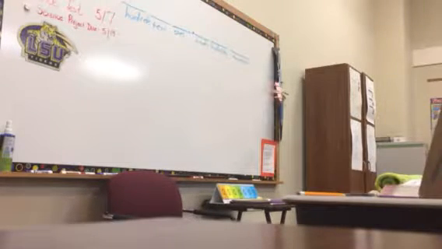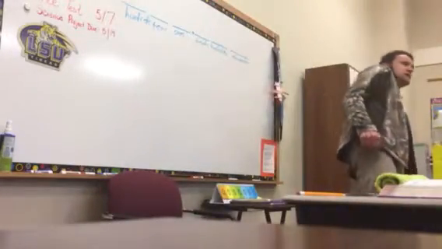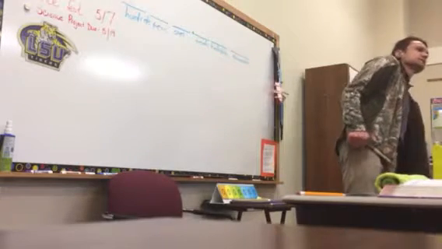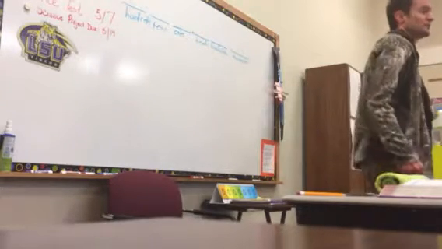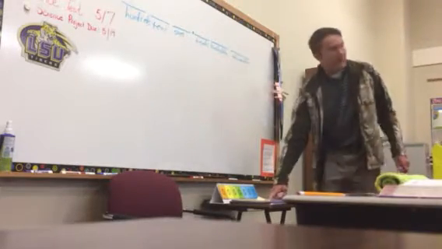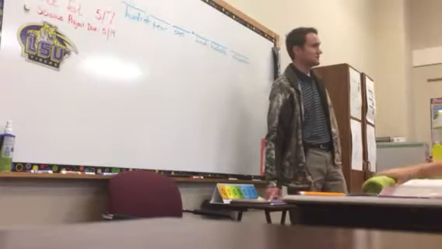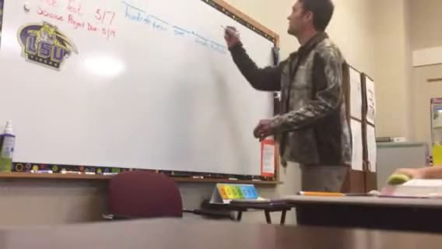Is that 11 thousandths? Alright, let me see them. You should have 95 thousandths because that 5, you see that 5 is in the thousandths place. So you would say 95 thousandths. Okay, let me write it up here, give you an idea.